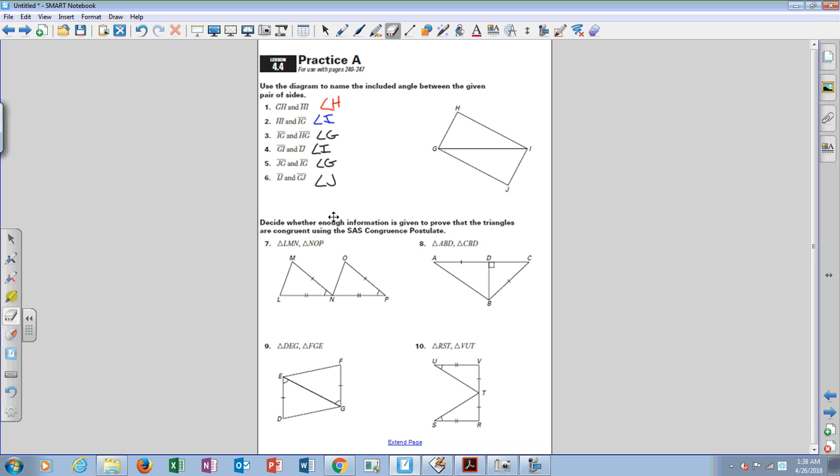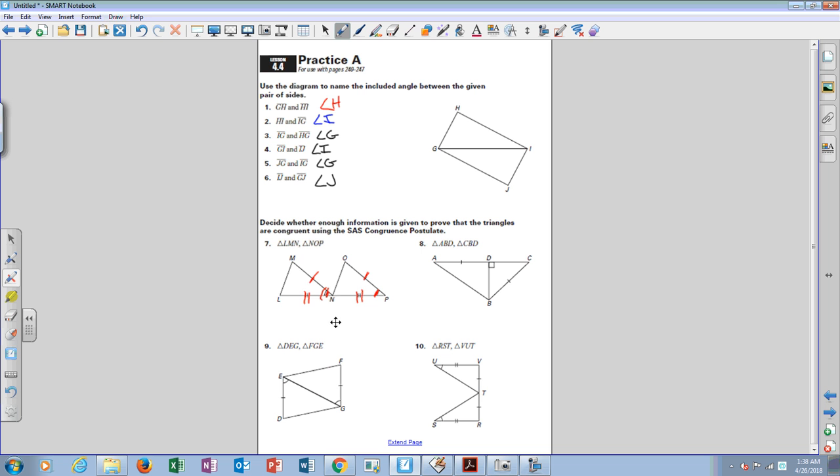All right, decide whether enough information is given to prove that the triangles are congruent using side, angle, side. Okay, here we have a side congruent to this side. Another side congruent to this side. And we have the angle in between them, or the included angle, congruent.